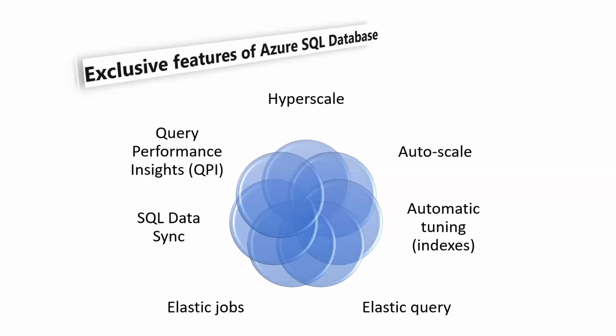So for that we have the elastic jobs option we can make use of. And SQL Data Sync. If you want to sync data continuously from one server to another server, we can use this option. And Query Performance Insight. This works internally. Because of this feature, the performance is very fast.